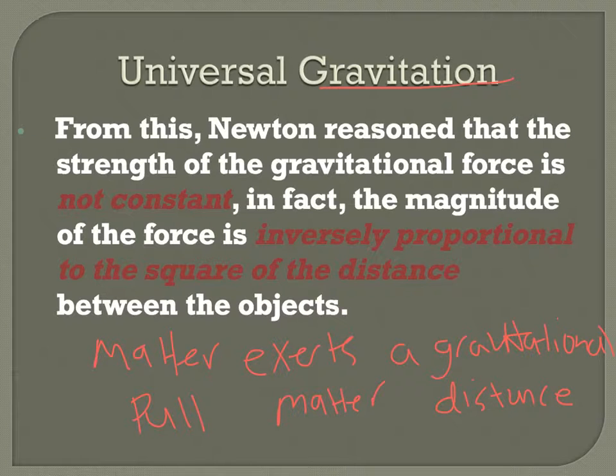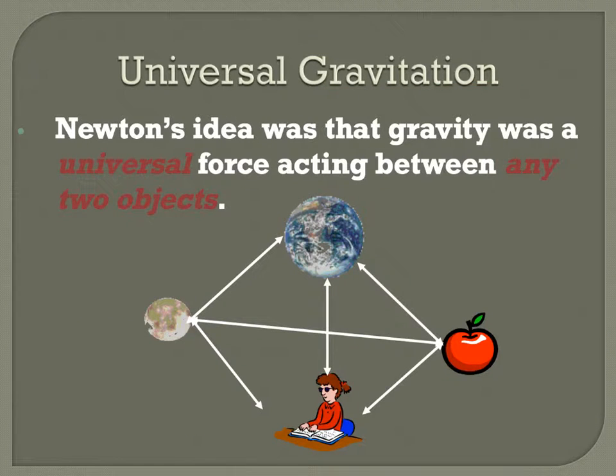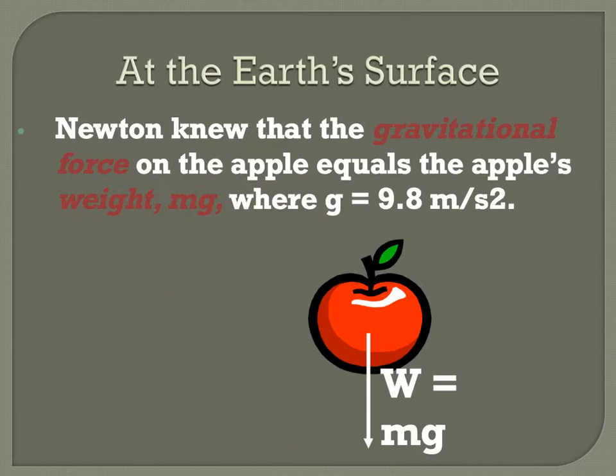When we look at gravity, we're always looking at the pull between one object and another object. Newton found that gravity was a universal force acting between any two objects. I kind of already stated that, so make sure you understand this. The Earth pulling on an apple, or you, or the moon, those are all gravitational forces between two objects, or two pieces of matter.